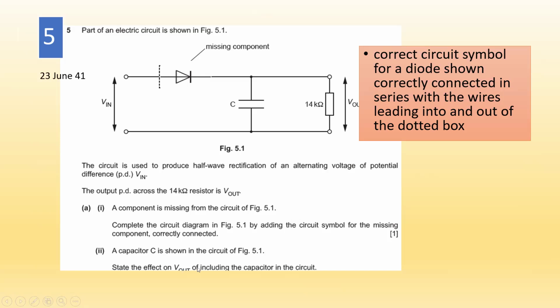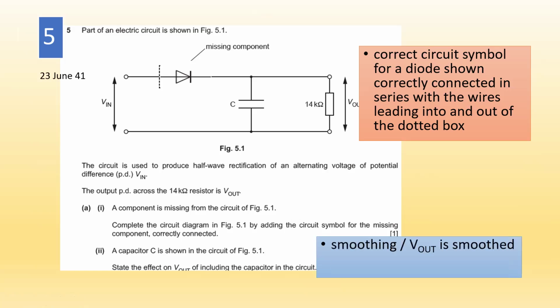State the effect on V out of including the capacitor in the circuit. Okay, what's the purpose of C? Smoothing. Yeah, smoothing. Right? Or V out is smooth.